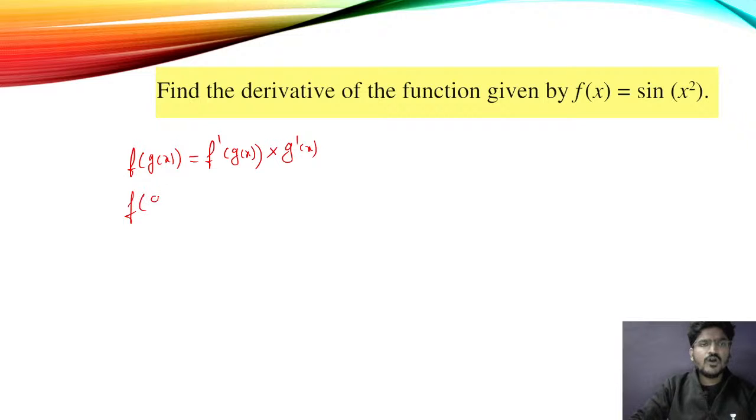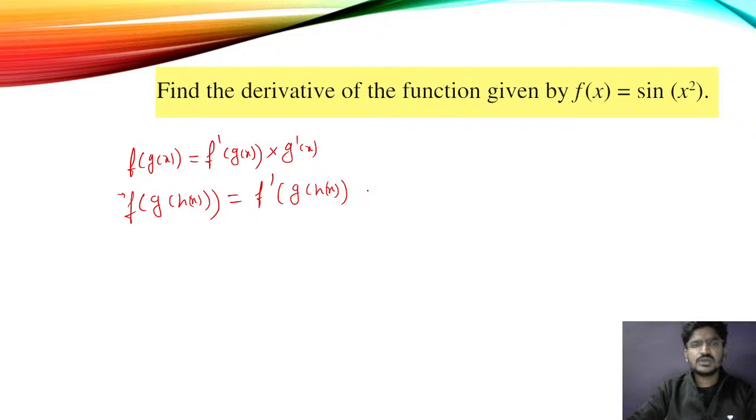Suppose f of g of h of x is present, then how to simplify? With the same rule. First you have to differentiate f. You are going to get f dash of the same function, that is g of h of x, multiplied with the differentiation of g, that is g dash of this function, h of x, multiplied with h dash of x.